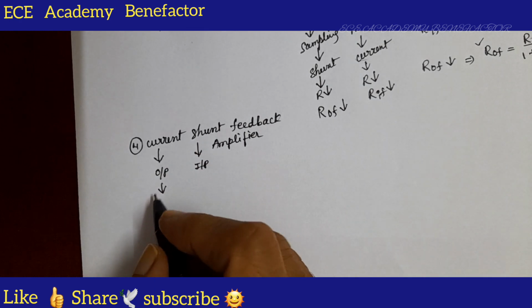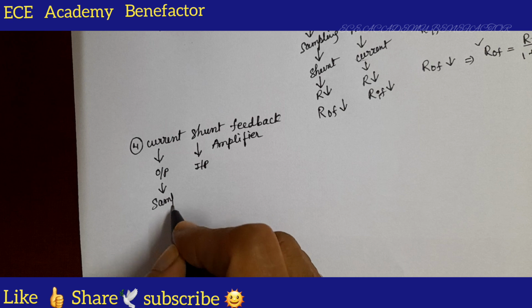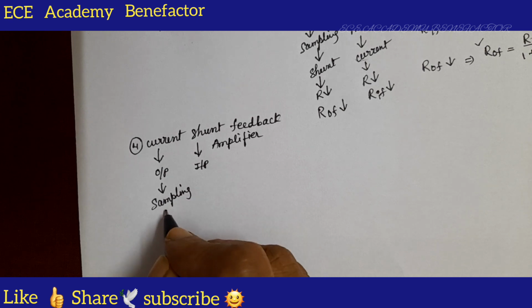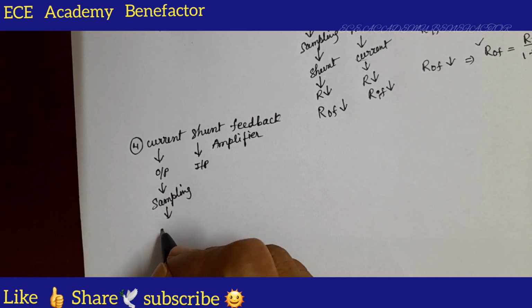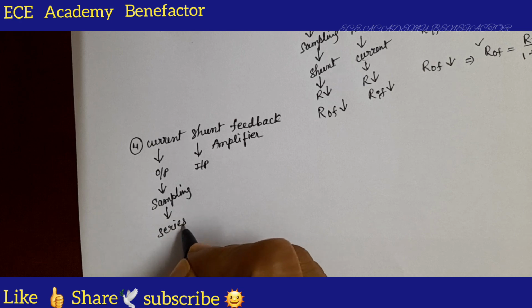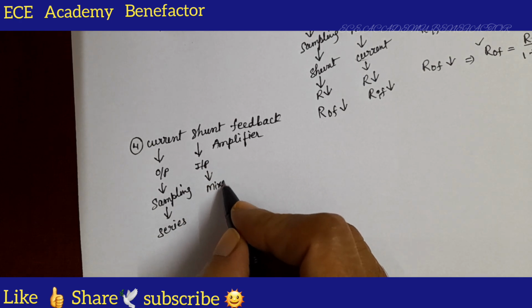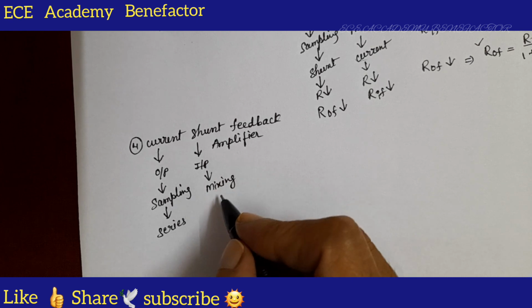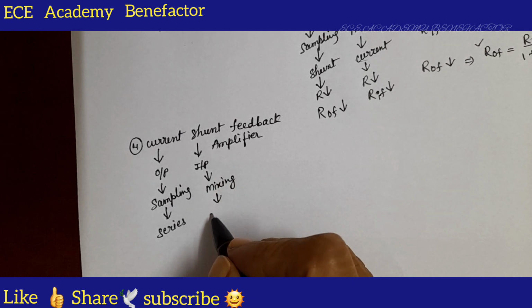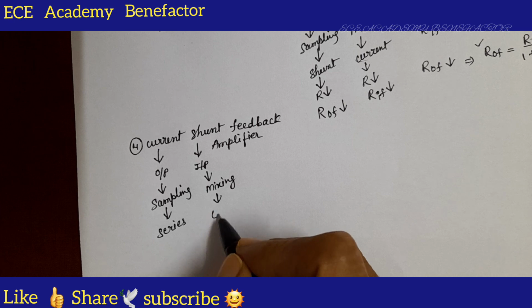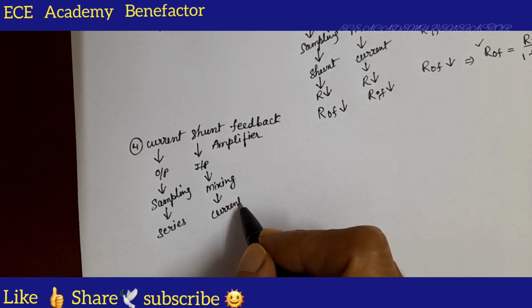First word is sampling: current is sampled. If current is sampled, what are the connections to be done? Series connections. And at the input side we do mixing. If shunt mixing is done, what source is to be placed? Current source is to be placed.